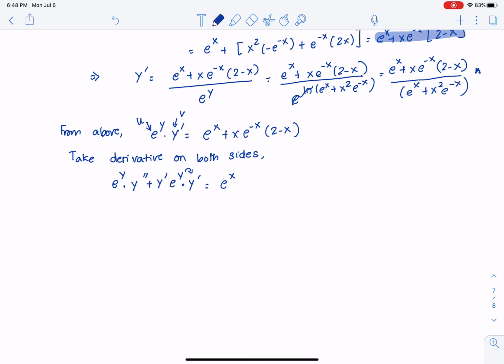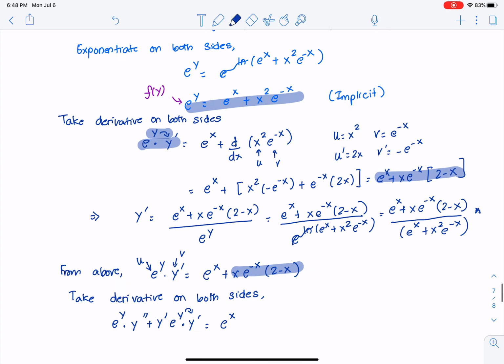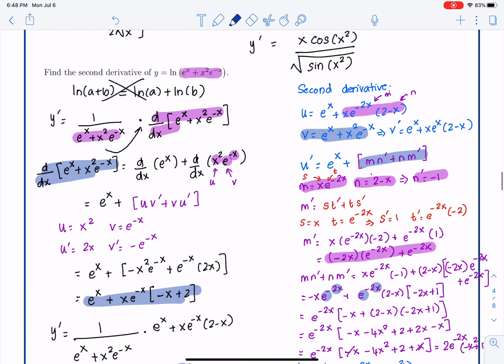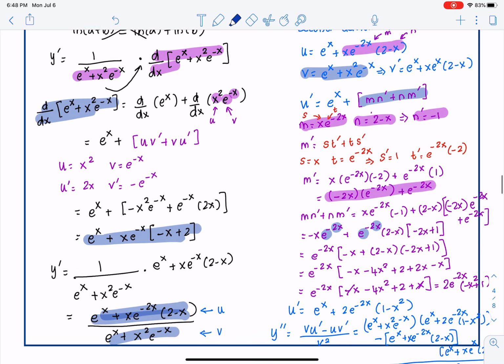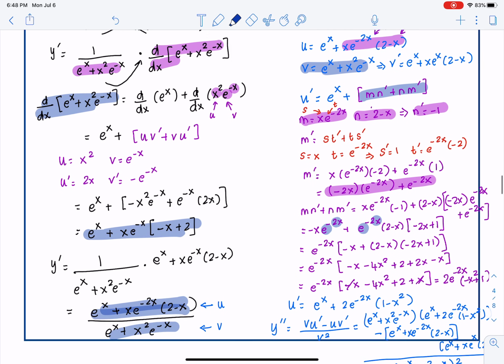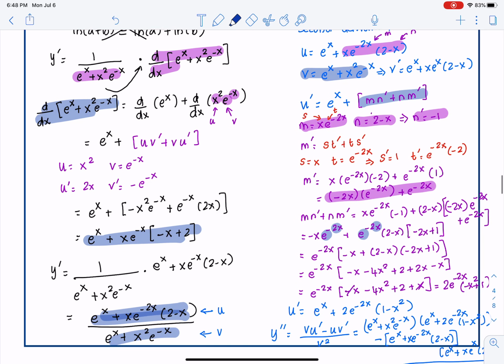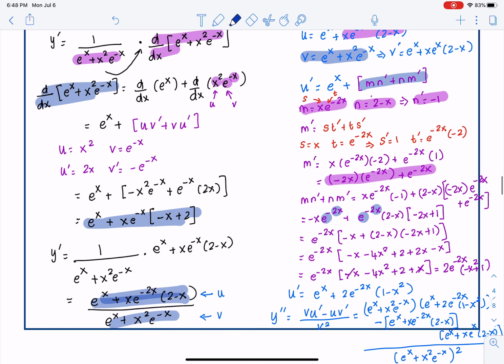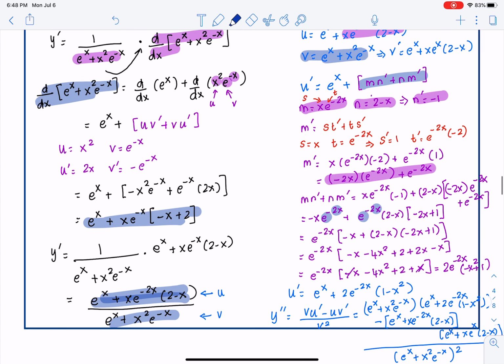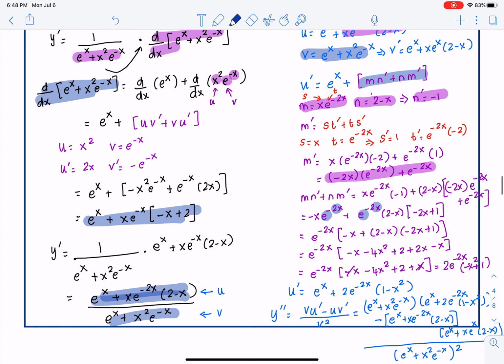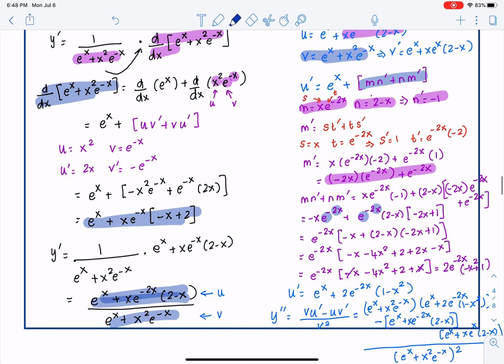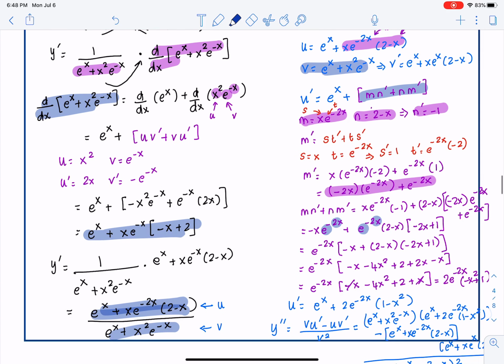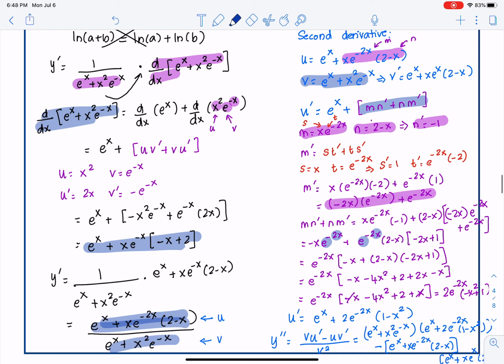We already have the derivative of that term. We derived it painstakingly. x e raised x. Unfortunately, we didn't.